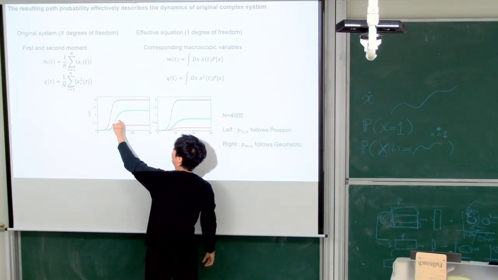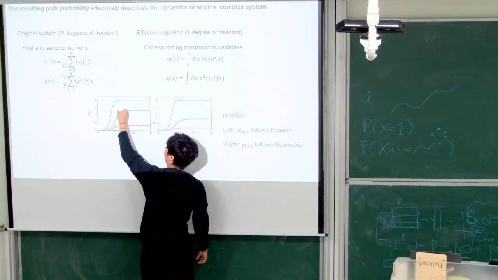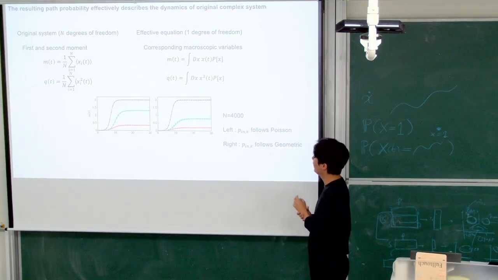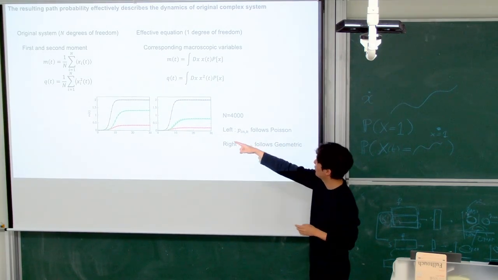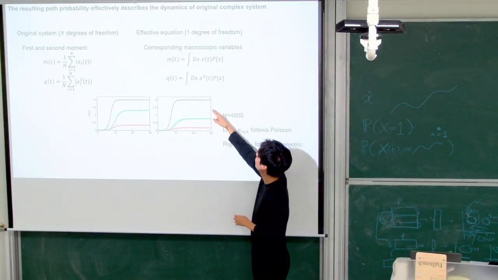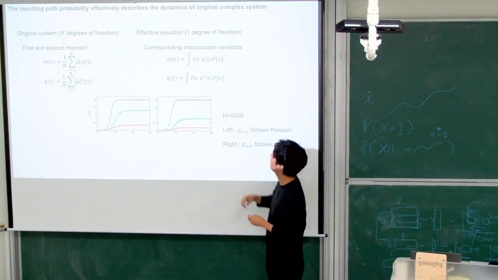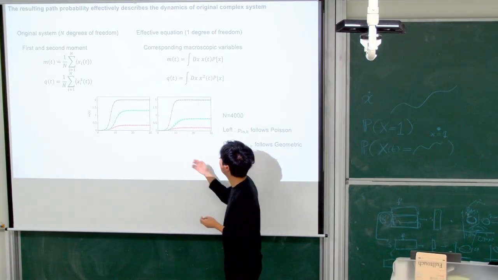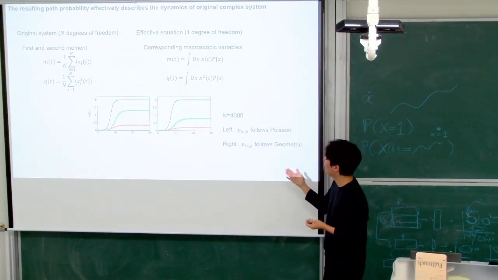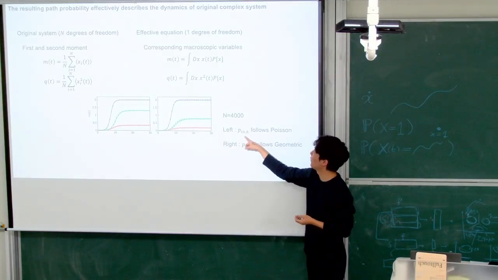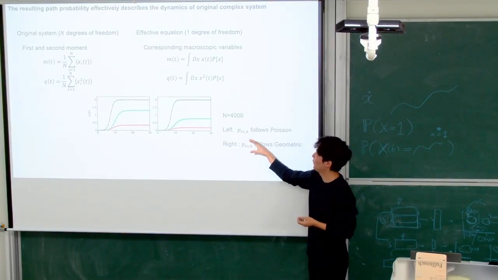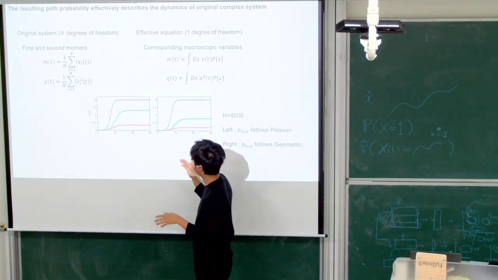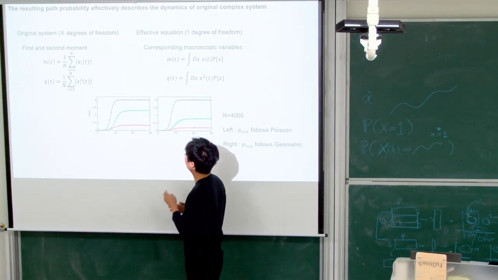And these points show the standard deviation of the particles in the original system, and the solid lines are the macroscopic variables. The left-hand side and right-hand side differ as you vary the in-degree distribution. But essentially they give us the same comparison.